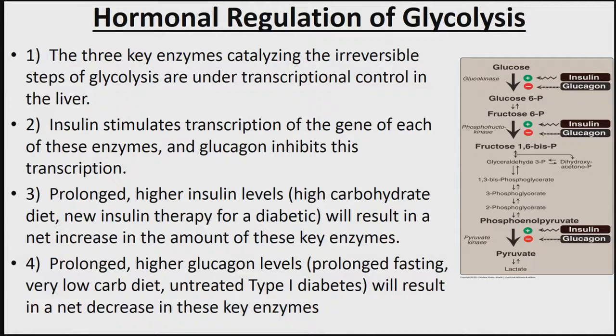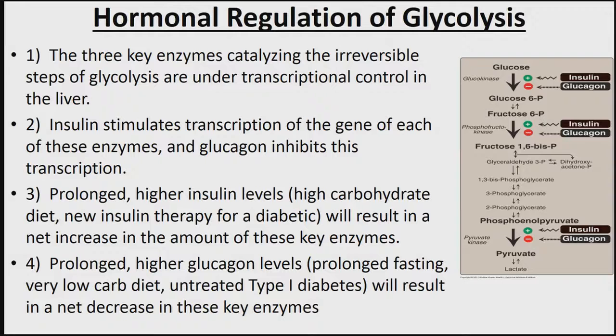You're never really doing glycolysis in the liver. Certainly other tissues are, but not in the liver, right? Glucagon would be active all the time, and your insulin levels wouldn't go up. And over time, you would actually see a decrease in the basal amounts of these key regulatory enzymes. They would go down over time because you're not doing glycolysis all the time.